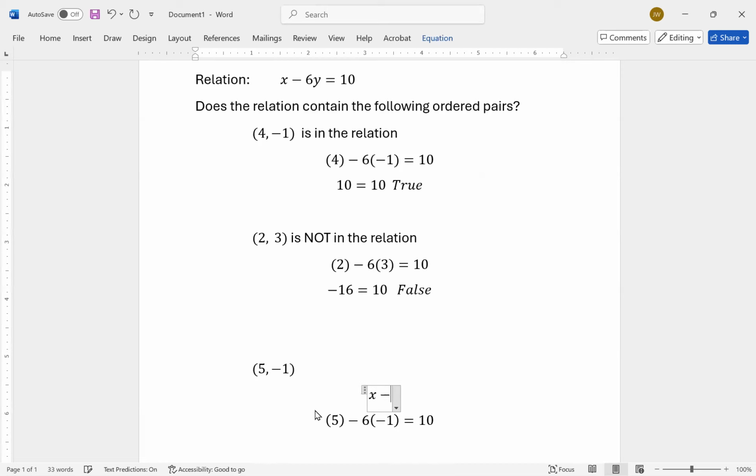Simplify both sides. That's going to be a plus 6. So we're going to get 11 is equal to 10. That's obviously false as well. So (5, -1) is also not in the relation.